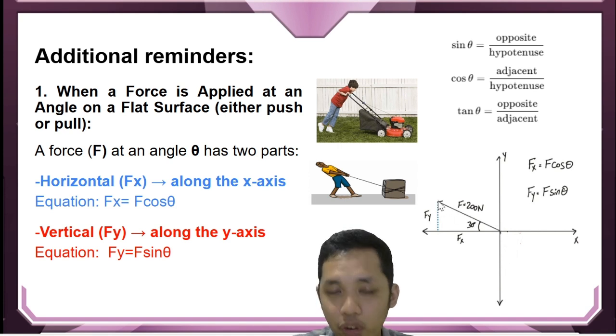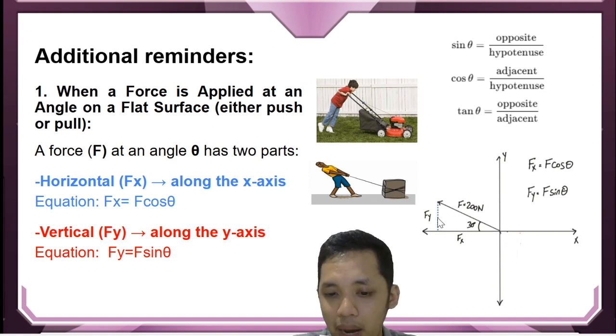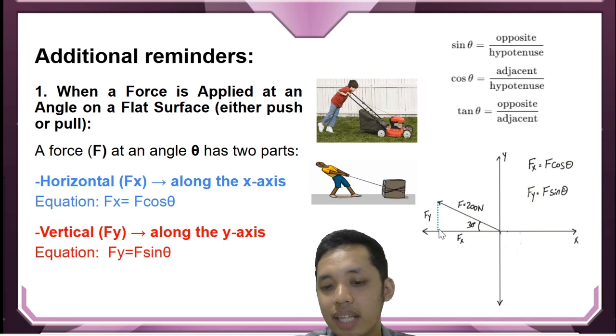That is the overall force applied by the person. But then again, this 200 newtons has an x component, which is represented by this, and also a y component that is being represented by this line or broken lines. Now, since we have already the hypotenuse, how about f of y, or the y component, and the f of x, or the x component?